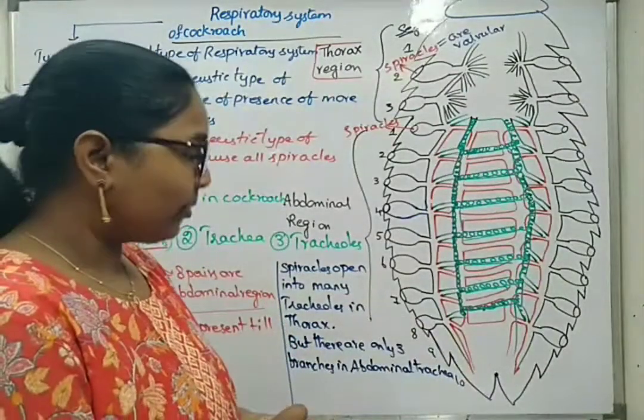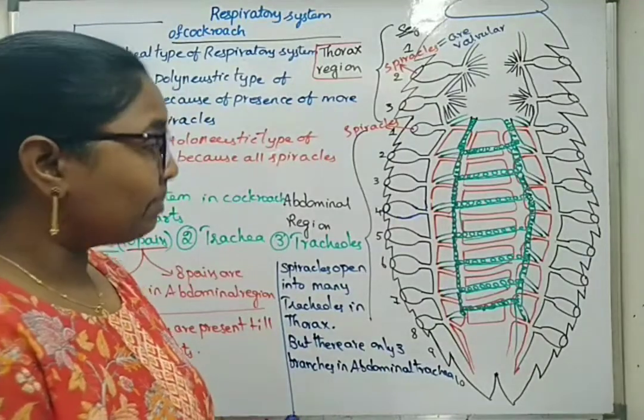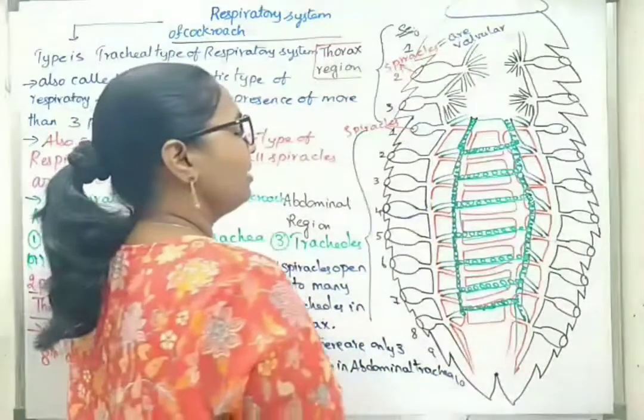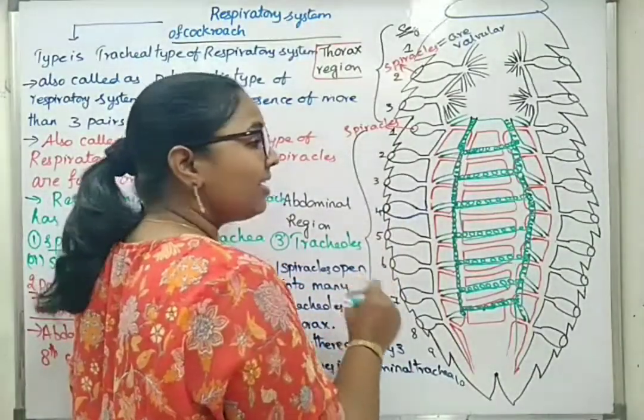All these abdominal tracheary tubes combine to form 3 types of trunk, each a complete trunk-like structure.